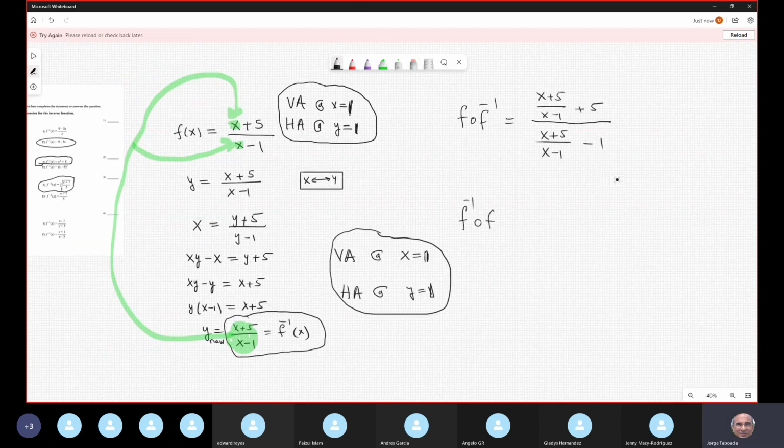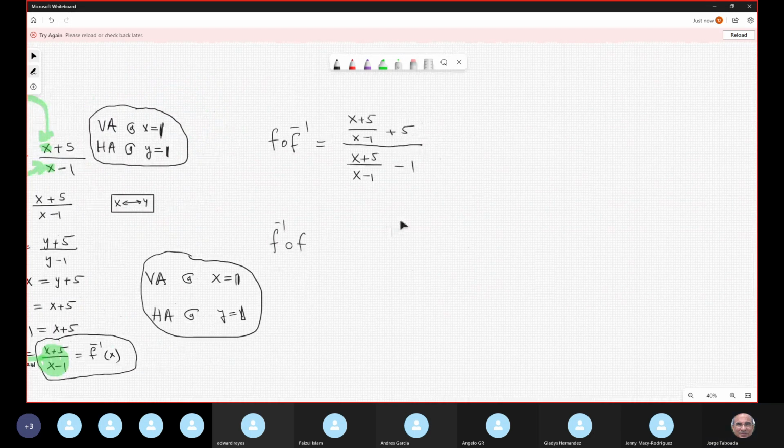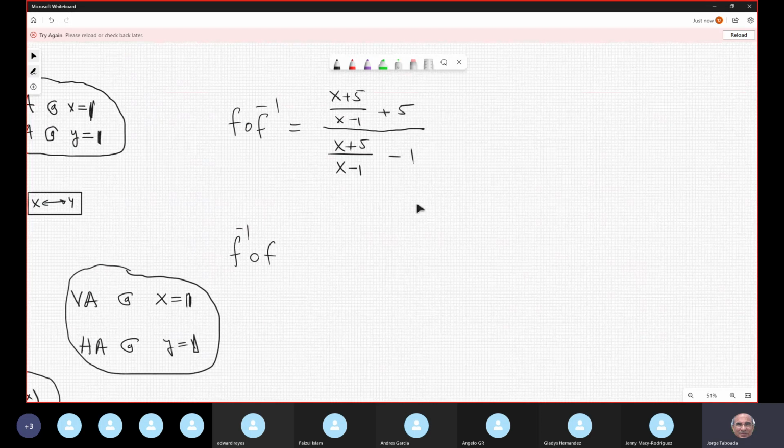You find the least common denominator. The LCD is x minus 1, because it's the only expression we have in the denominator.